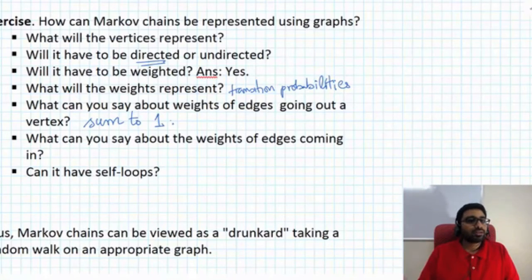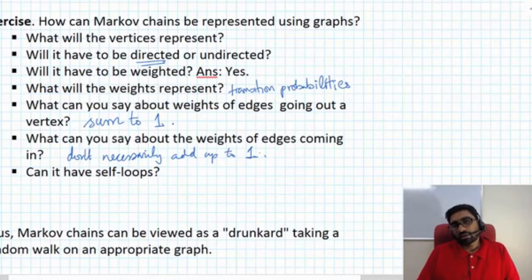Think about it. Here they don't have to add up to 1, because you could be entering into a vertex from a variety of different other states or vertices, and there is no reason for the weights on the incoming edges to add up to 1.